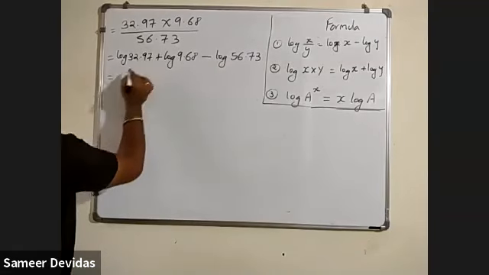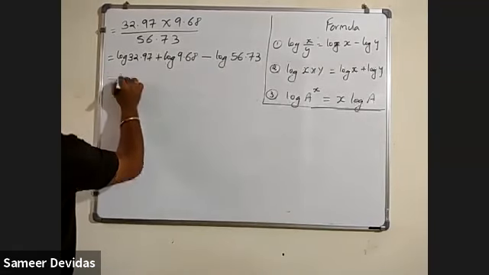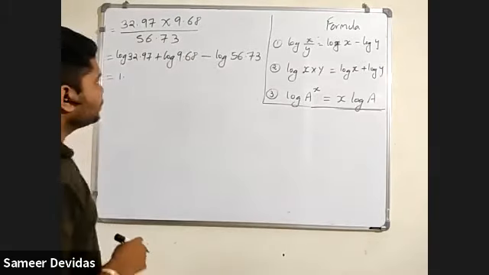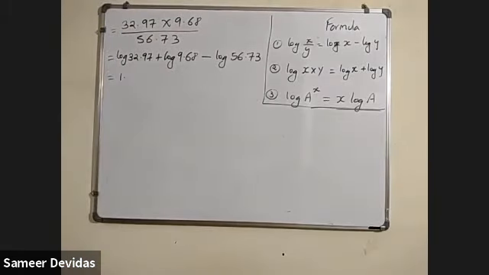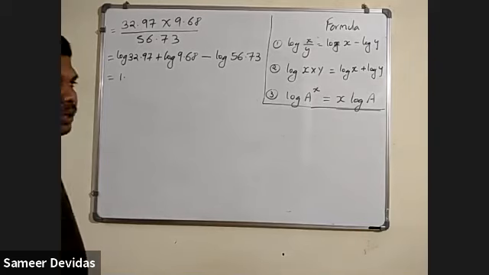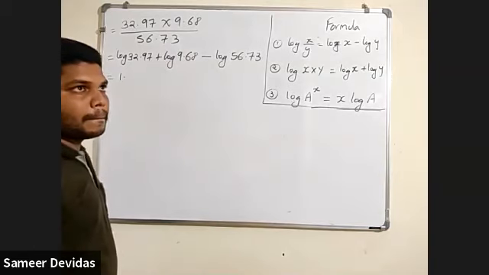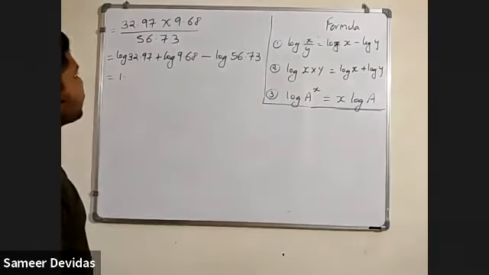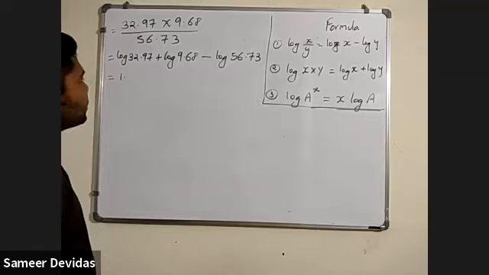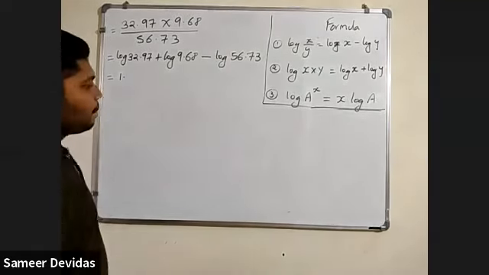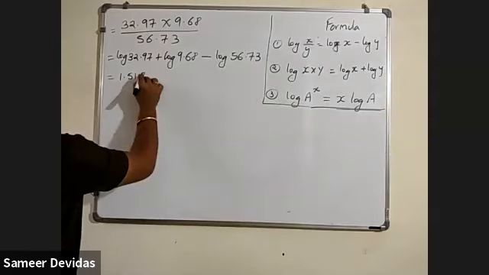Okay. Now log 32.97. The characteristic is 1. Find out 32 under 9 and 7. 5181.